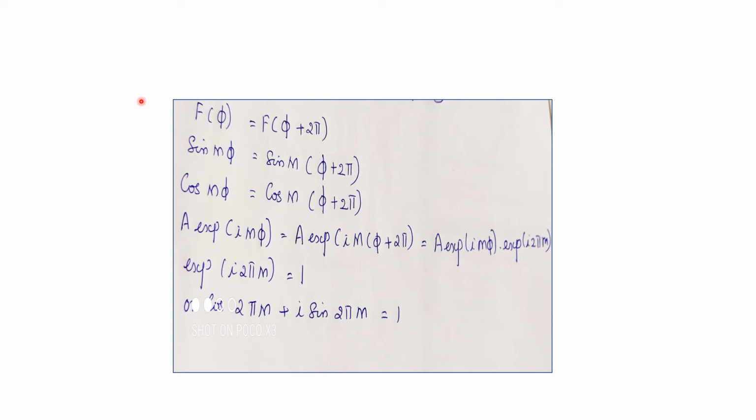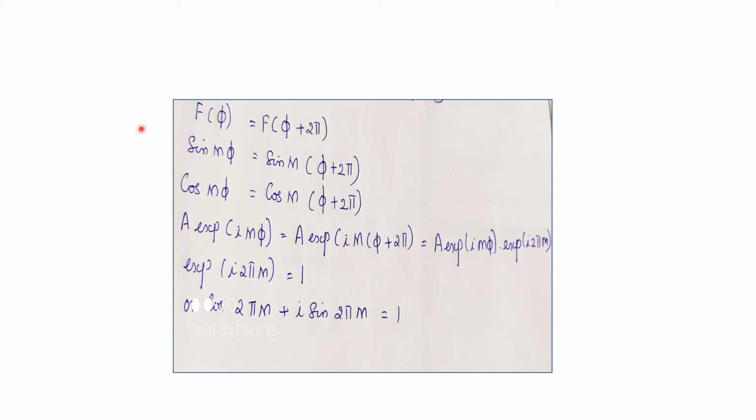In this case, the functions 7 and 8 are finite and continuous for all values of phi and m. They are single valued too, since the angles phi and phi plus 2 pi represent the same point, and the property of single valuedness demands that f of phi is equal to f of phi plus 2 pi.